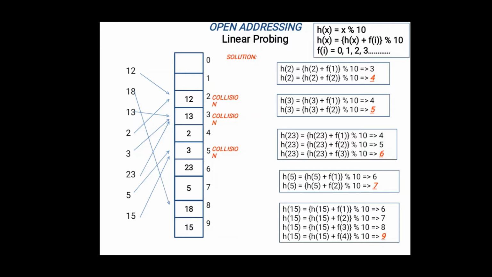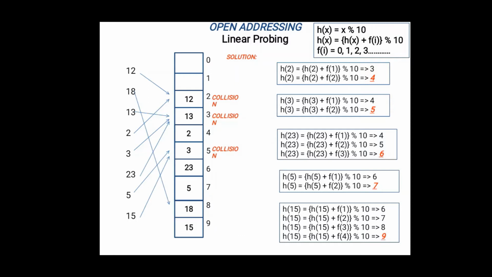So let's start the search. 12 mod 10 is equals to 2. 18 mod 10 is equals to 8. 13 mod 10 is equals to 3. 2 mod 10 is equals to 2. So there is a collision between 12 and 2. So we need to calculate that.